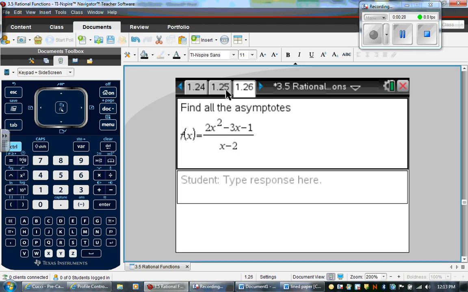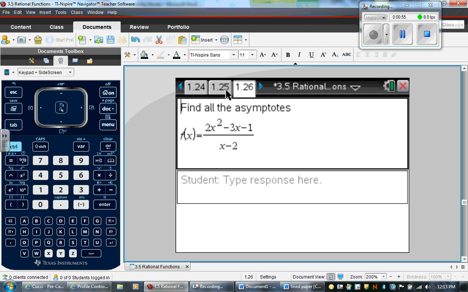Okay, so sometimes we wind up having these asymptotes that are slanted. They're not always going to be vertical or horizontal, so there are other things that we need to find. The way that we can determine if there's a slant asymptote is by looking at those degrees. If the degree in the numerator is greater than the degree in the denominator, you're going to have yourself a slant asymptote, and you have to know how to find that.